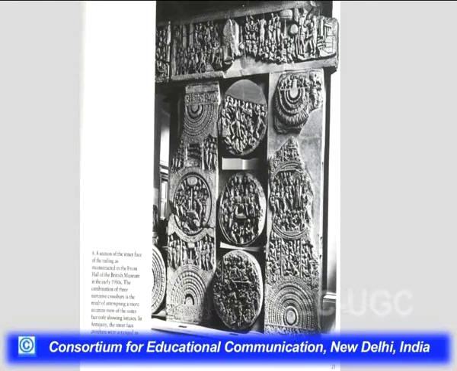On the top is the coping stone or the ushnisha that kind of unifies the entire railing structure, and here you can see that there are continuous narratives being carved. So maybe the entire life of a Buddha may be carved on one section, then in another section a particular episode may be elaborated from the life of Buddha.